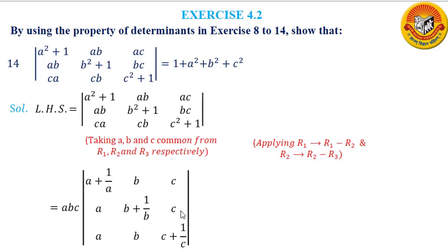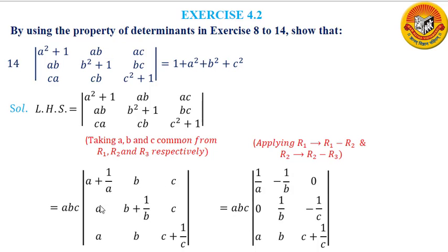Now on R1 I can subtract R2. When I subtract, in the first position as a is subtracted, I get 1 upon a only. Here from b, 1 upon b, I have to subtract, so I will get minus 1 upon b, and here c minus c will give me 0.